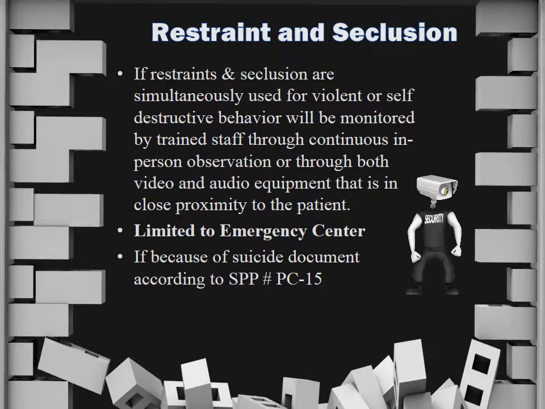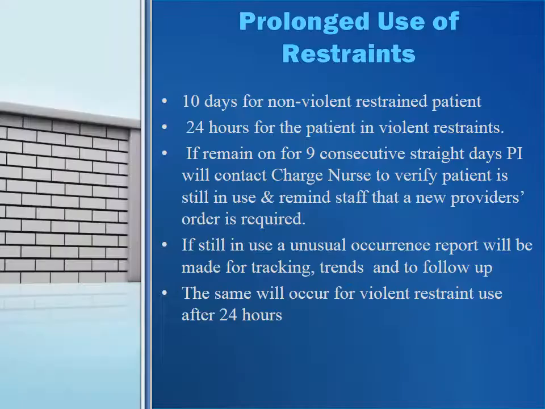So if a hospital does not have video and audio capabilities to be able to stay outside the room, then it is an in-person observation. This is limited, once again, to only the emergency center. And of course, then once again, you can always refer to PC 15 for suicide documentation requirements.